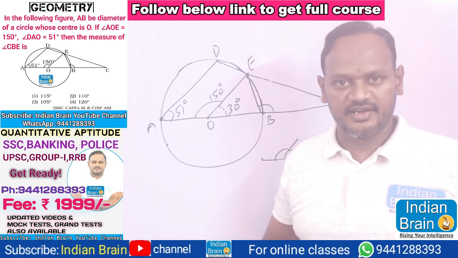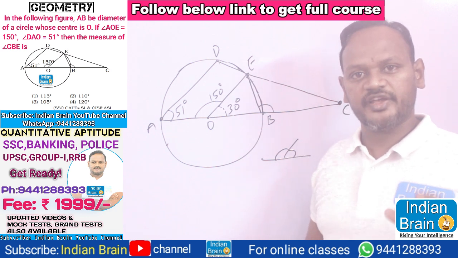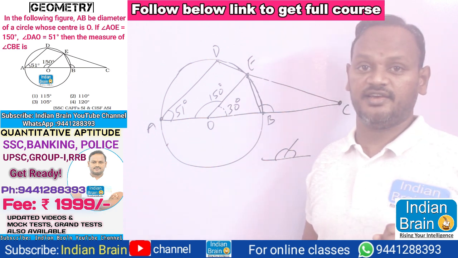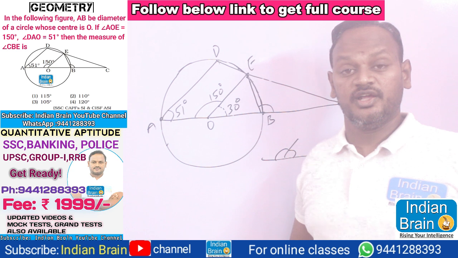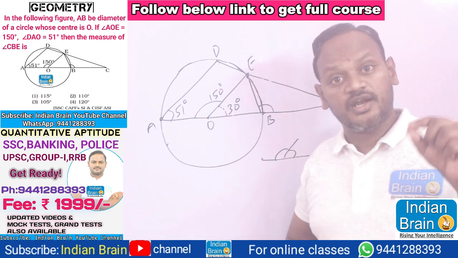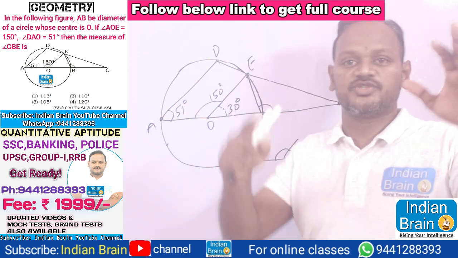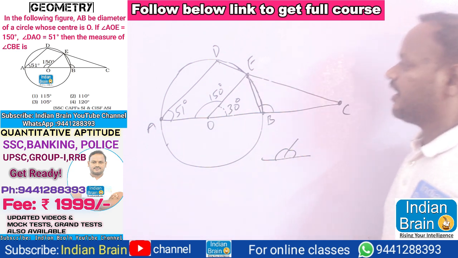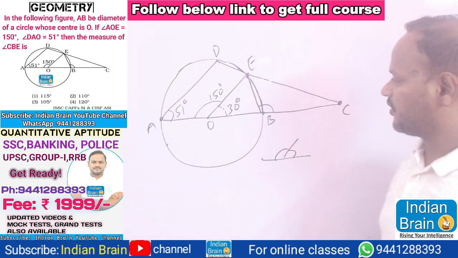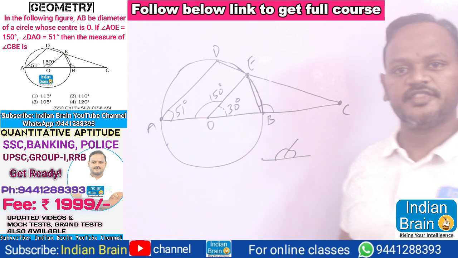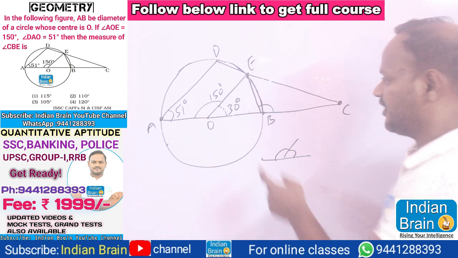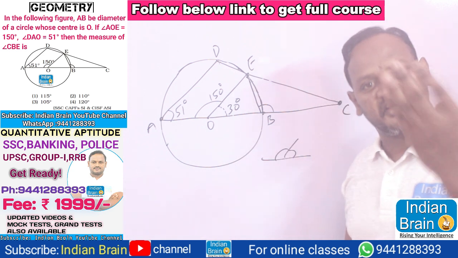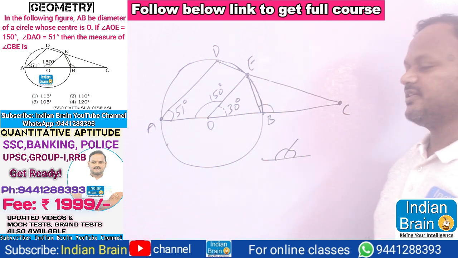Whenever a radius is there, we can realize the isosceles triangle. What do you mean by isosceles triangle? Whenever two sides are equal, the triangle is called an isosceles triangle. That's why I need to search for the isosceles triangle. OE is a radius and OB is a radius, so I got two same sides.